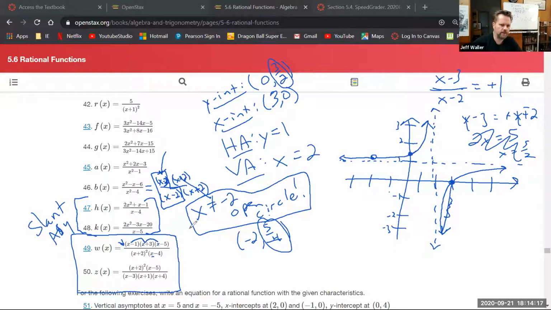What's really nice about these two is it's already factored. I already know where all the vertical asymptotes are and my x-intercepts are. That's beautiful. So why unfactor it if you don't really need to? Does that make sense? So on these, the main thing I've got to know for the horizontal asymptote is the relationship between the degree of the top and the degree of the bottom.